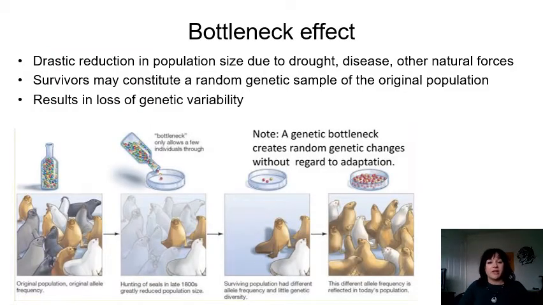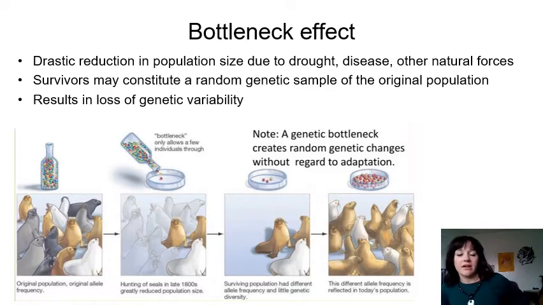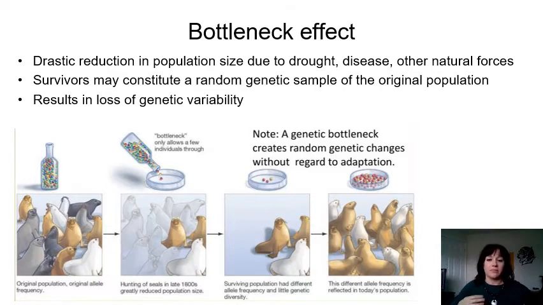The other type of genetic drift is called the bottleneck effect. When I talked about natural forces or catastrophes, that tends to relate to this bottleneck effect. In this case, you have a small population not because they left to found a new population somewhere else, but because something horrible happened and the majority of the population is gone.